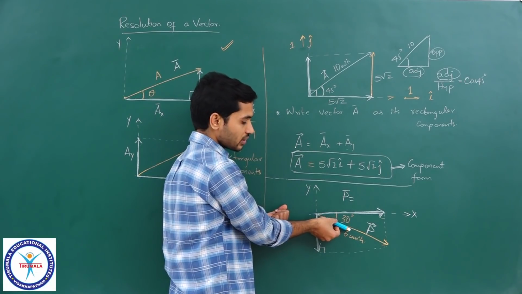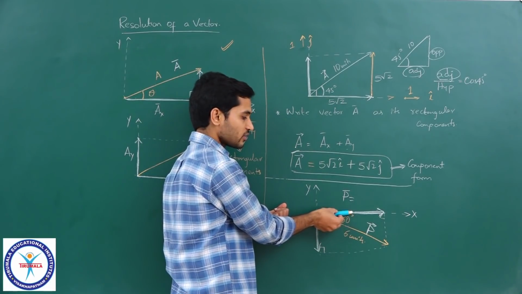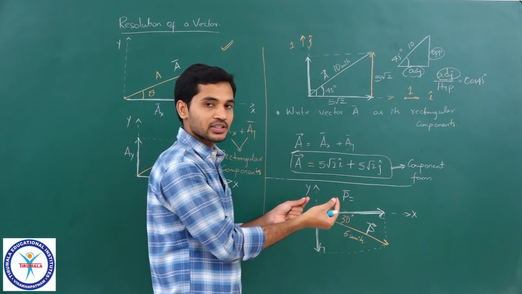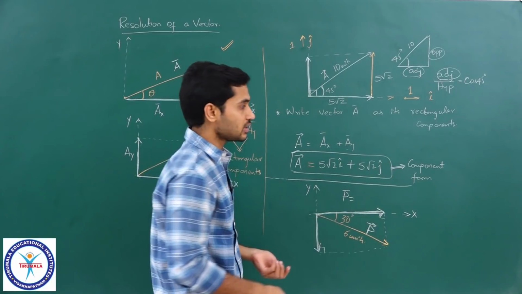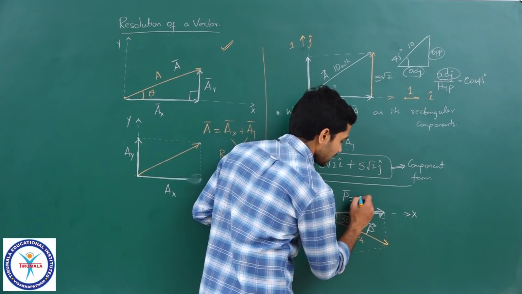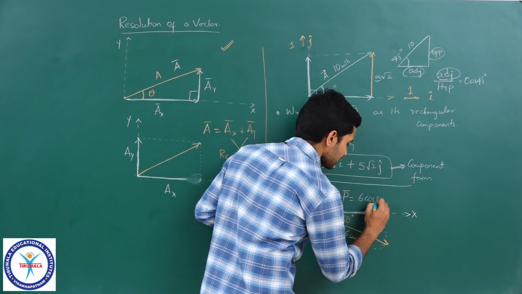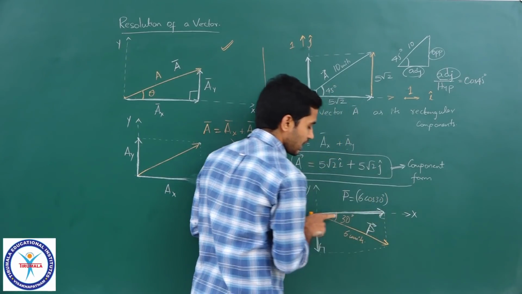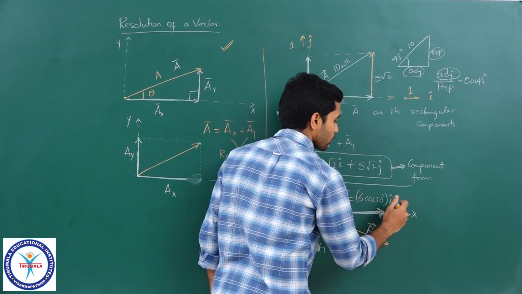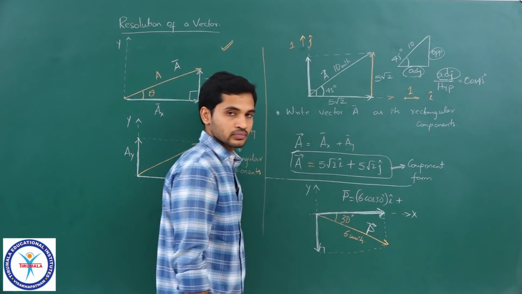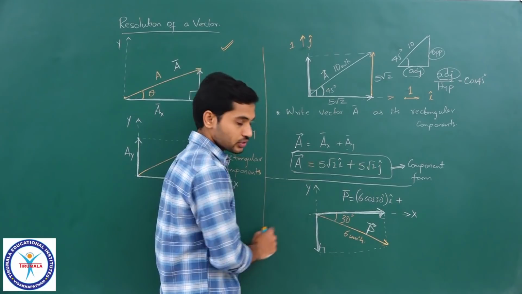Whenever you are moving by 30 degrees, the component in that direction will have a magnitude of P cos 30, or if it is theta, P cos theta, clear. So, that is 6 cos 30 degrees, and you know that this is in the I cap direction, so into I cap plus, now what is this magnitude?